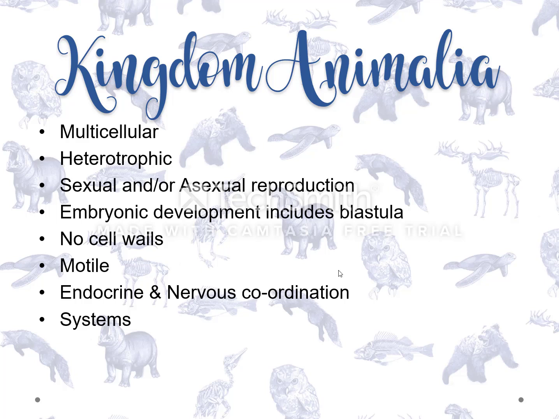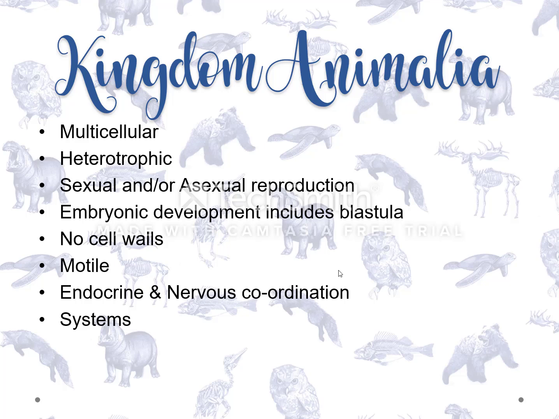Animals all have an endocrine system, responsible for production of hormones, as well as a nervous system responsible for nervous coordination, movement, thinking, etc. And animal bodies are all made up of systems, so reproductive system, digestive system, cardiovascular system, etc. However, these systems may be very, very basic in some groups.